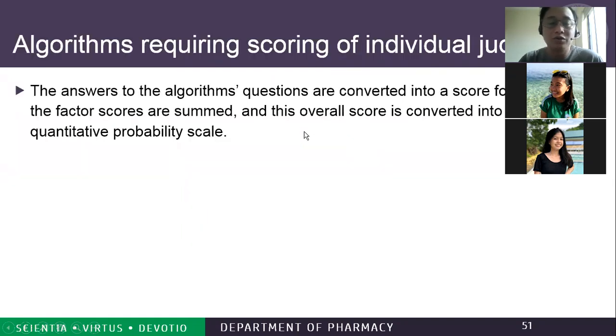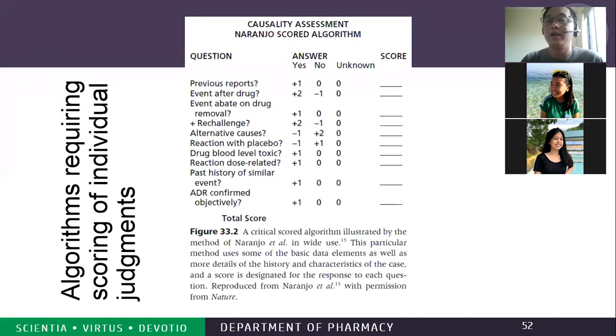I want to introduce the third group of methods, the algorithm by Naranjo, because it is used in the yellow card in the UK, and in Indonesia we use this as well in our yellow card system.